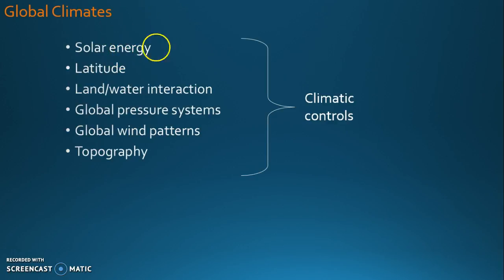Land-water interaction: places that are close to large bodies of water, mainly the ocean, tend to have milder climates, and not so harsh, like here in California. Winters or even summers tend to be ameliorated by being close to the water.